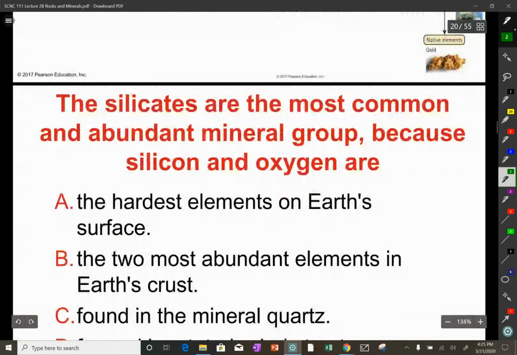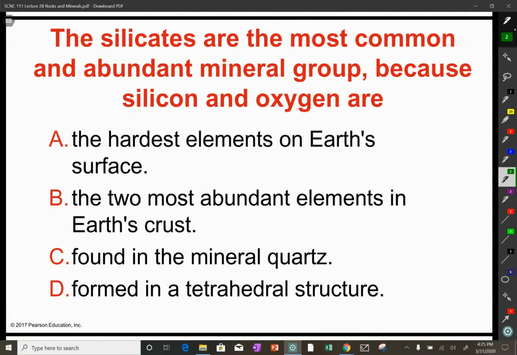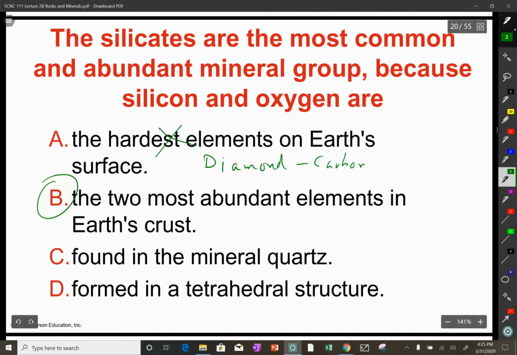So now a question for you. The silicates are the most common and abundant mineral group because silicon and oxygen are. Now this is one that you don't have a reason to know why, except that they are the most abundant elements in the Earth's crust. They're definitely not the hardest elements. What's the hardest thing? Diamond, which is carbon. But it's a special carbon because you could have graphite, which is not nearly so hard.